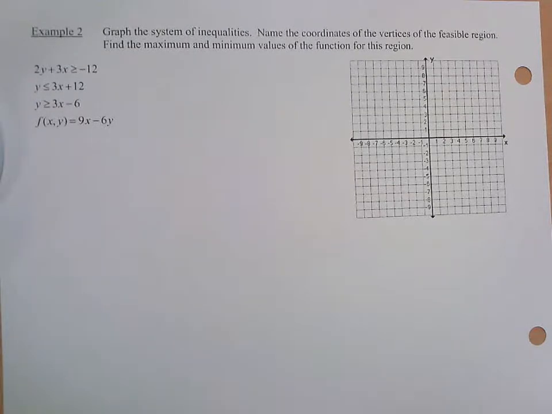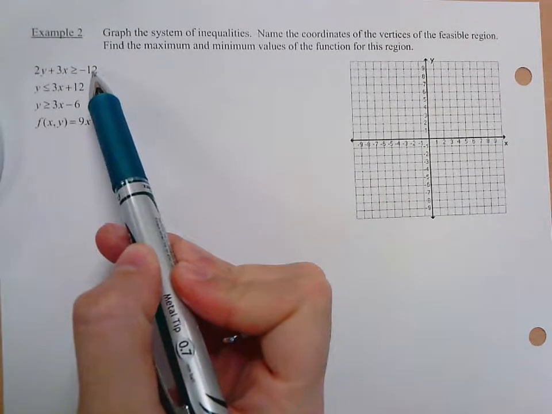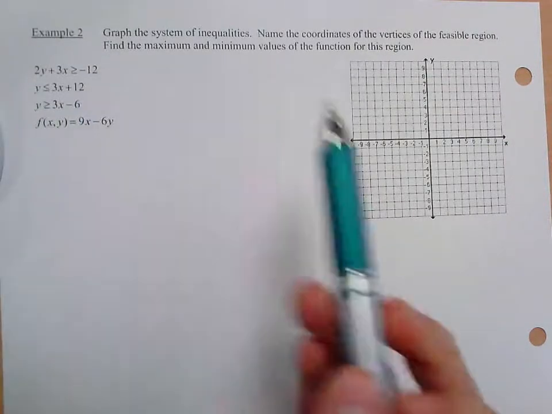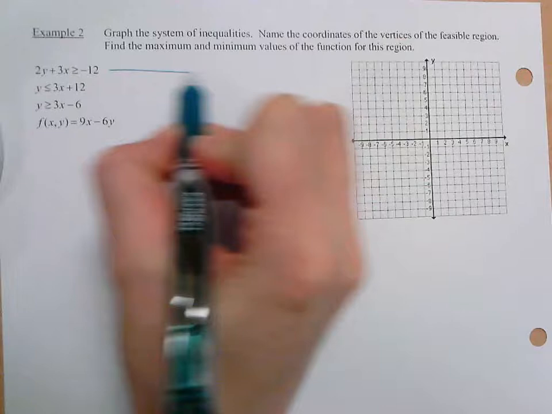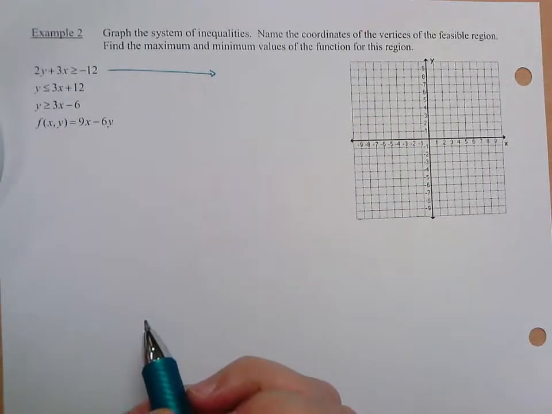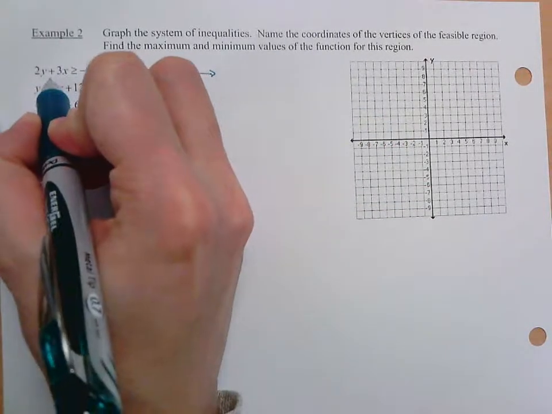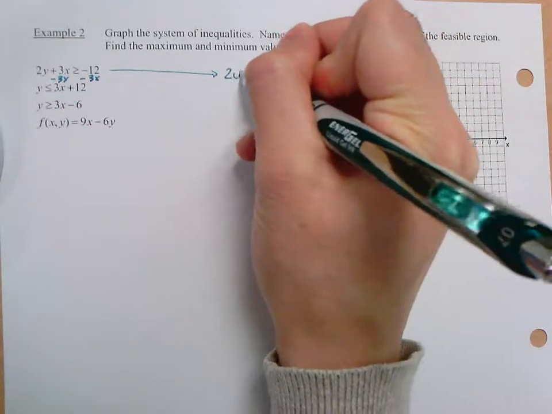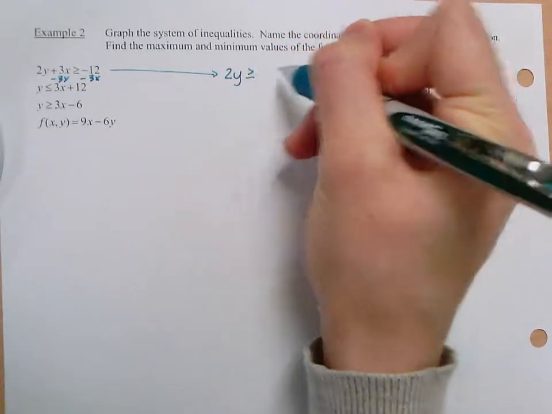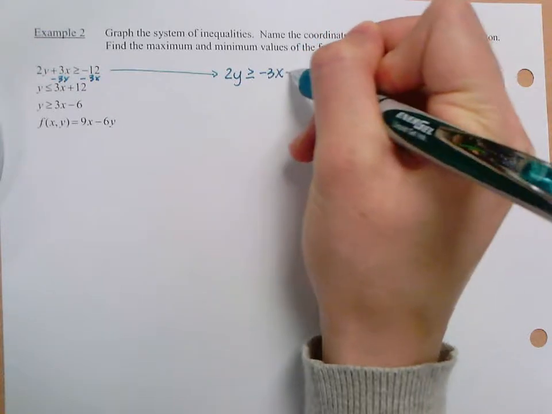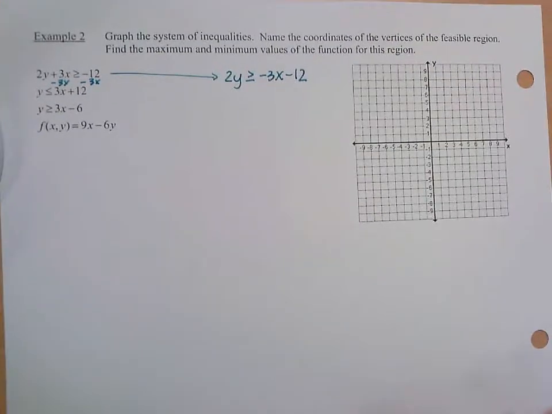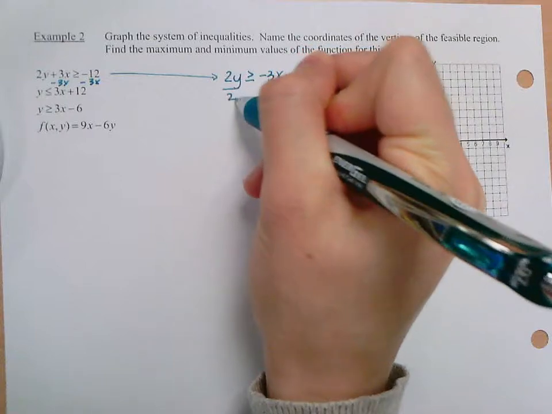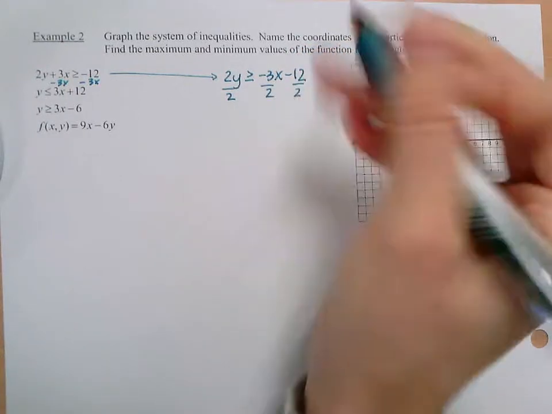With this one, the first inequality that we have to graph, we need to get into slope-intercept form first. So I would have to subtract 3x first. So 2y is greater than or equal to -3x minus 12. And then divide everything by 2.